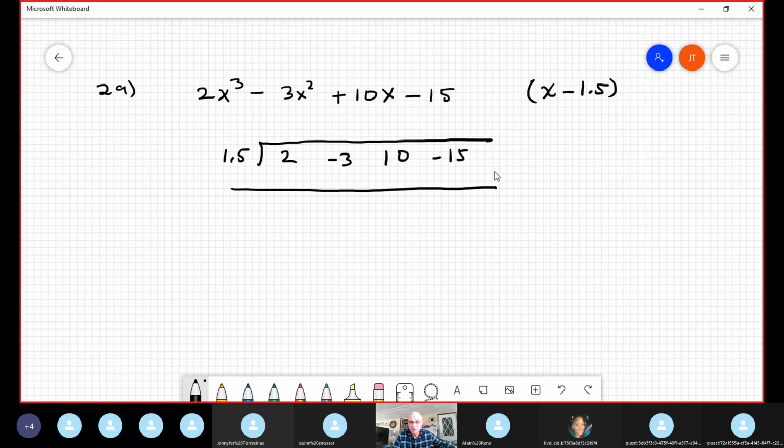I want to modify a little bit. But okay. Entonces, bring down the 2. 2 times 1.5 is 3. Oh, nice, 0. This is 0. This is 10. And 10 times 1.5 is 15. Super. With verification that the factor x minus 1.5 stays alive.